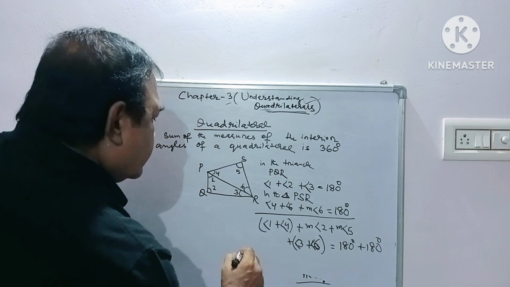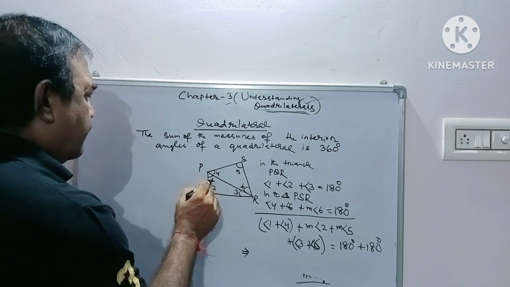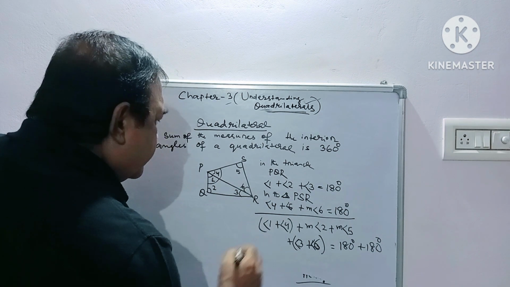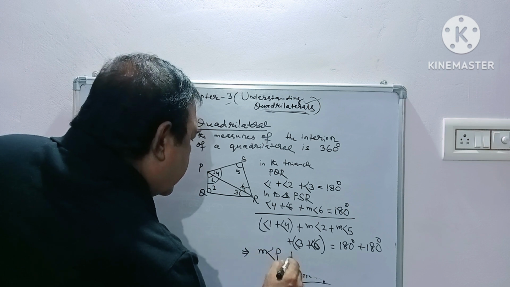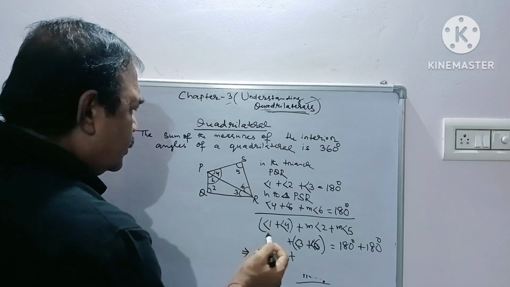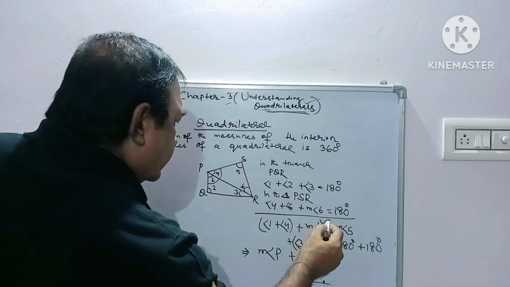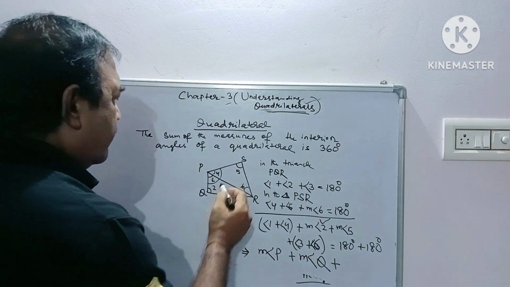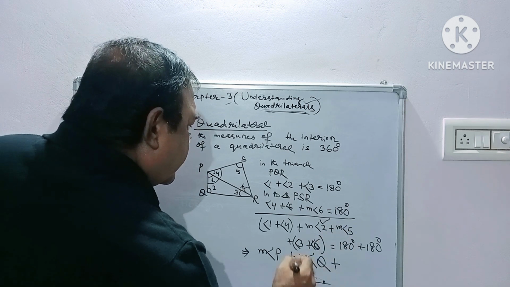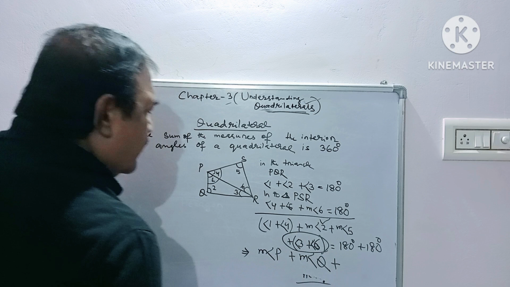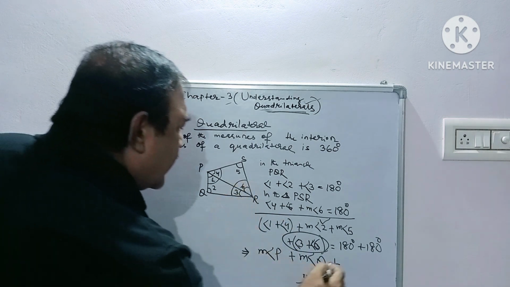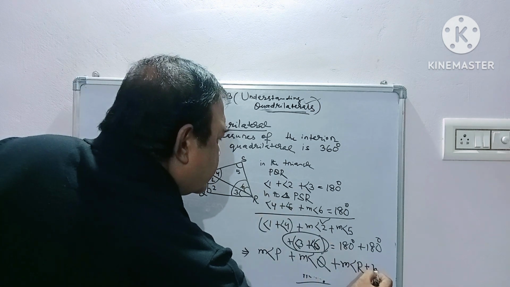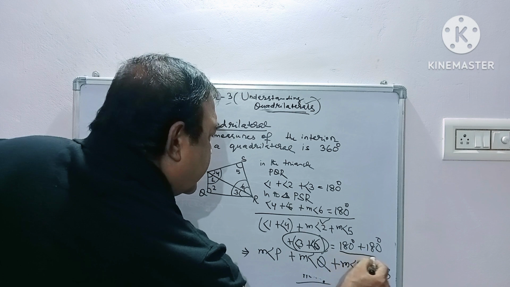is equal to 180 degrees plus 180 degrees. So that implies measure of angle 1 plus measure of angle 4 is the measure of angle P, plus measure of angle 2 plus measure of angle 5 is the measure of angle Q, plus measure of angle 3 plus measure of angle 6 is the measure of angle R, plus the measure of angle S, is equal to 180 degrees plus 180 degrees.